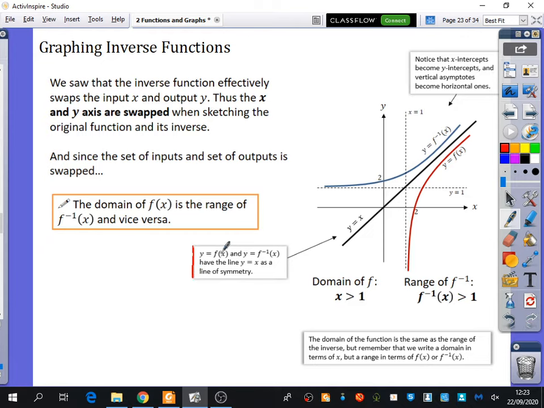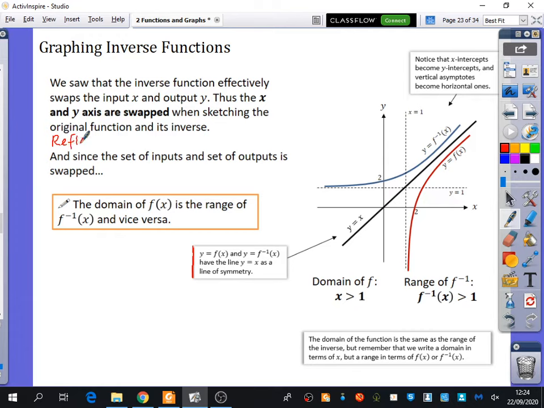If you have your original function, y equals f of x, and your inverse function, y equals the inverse function of x, they have the line y equals x as a line of symmetry, which means that if you have one and you want to find the other one, you can reflect them in the line y equals x.